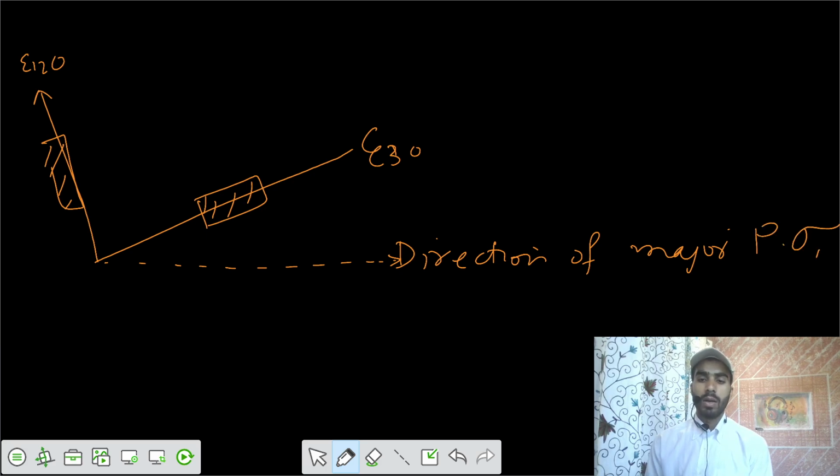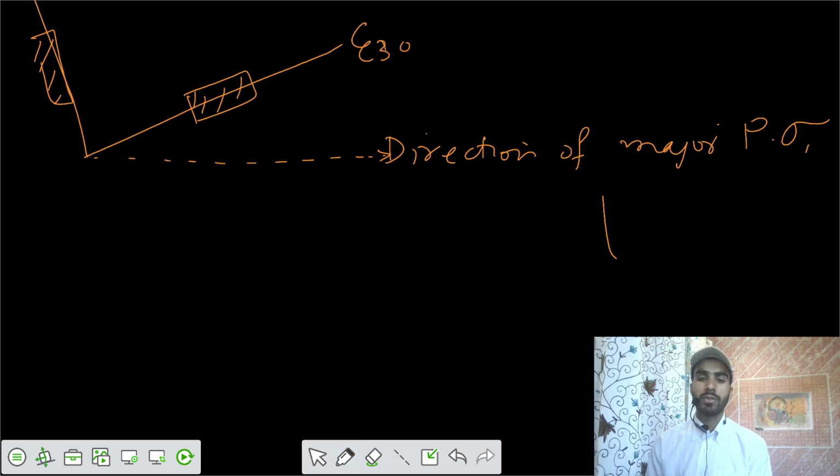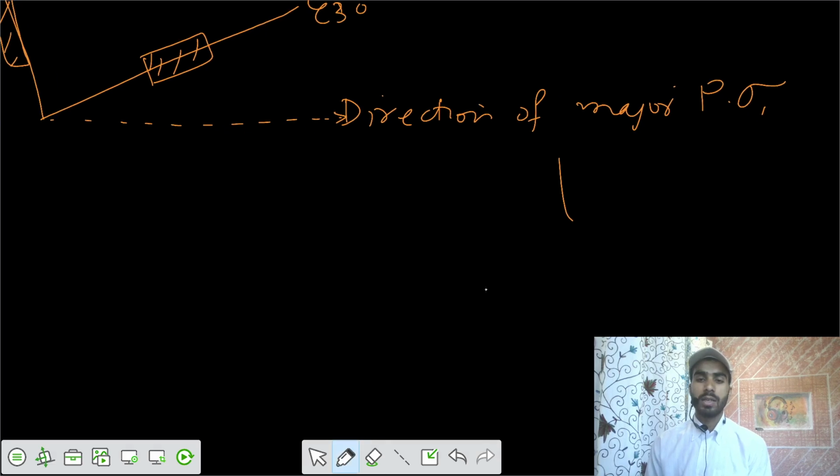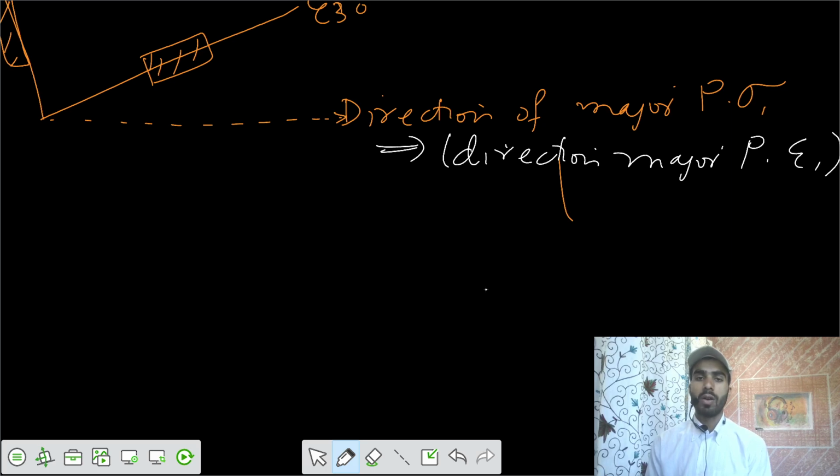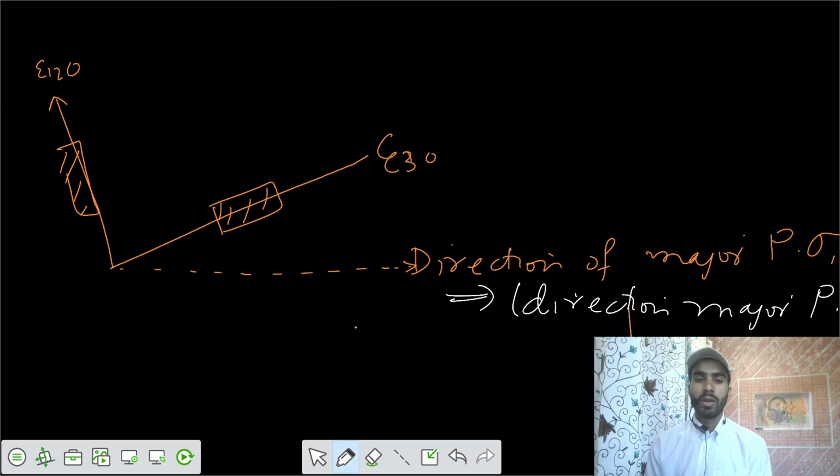That means, indirectly, it is also the direction of major principal strain. This is the same direction of major principal strain, and we call it E0, or we can write it as E1.